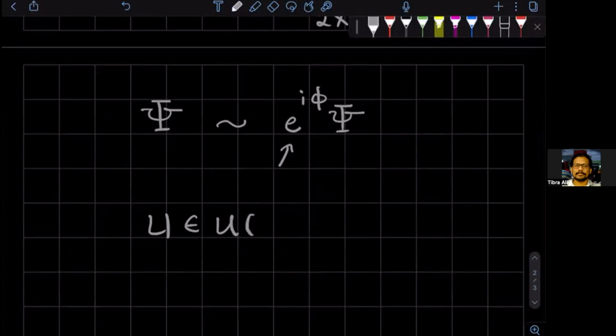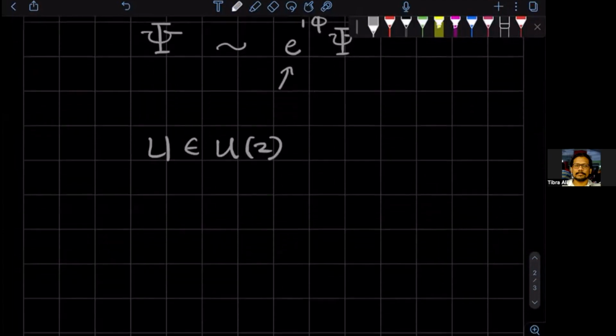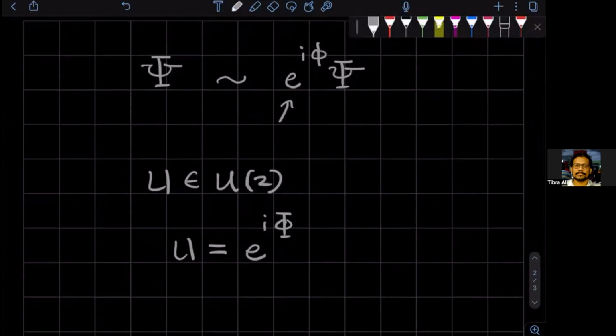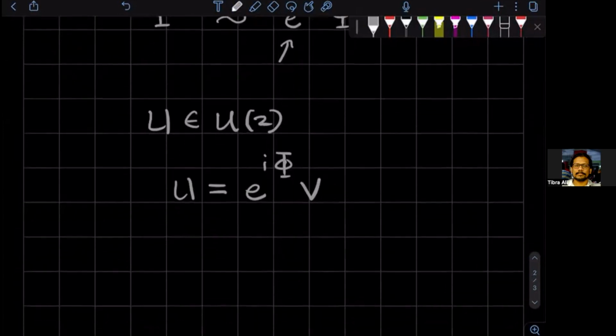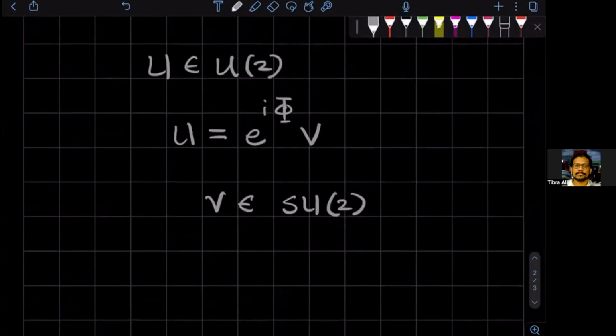On the other hand, a unitary matrix in U2 can be written as e to the power i phi times V, where V is an element of SU2 and e to the i phi is an element of U1.